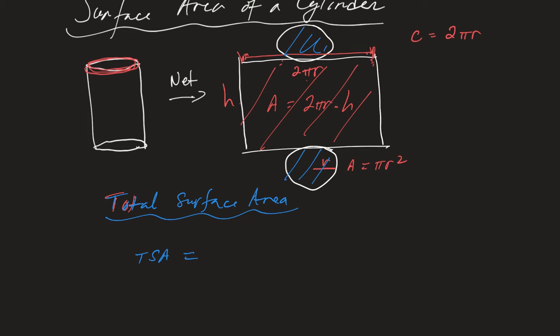So we have 2 pi r h, sorry, I forgot the r there. Plus 2 of these areas, not that, but this one right here. So twice that, pi r squared. That is the total surface area of a cylinder.